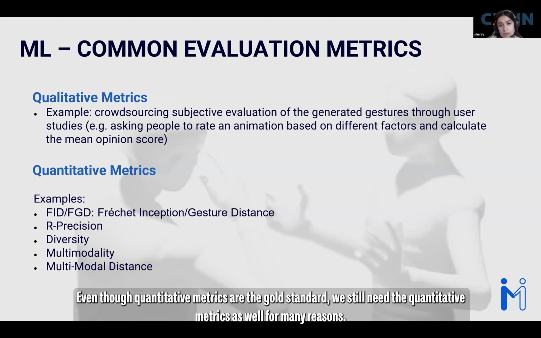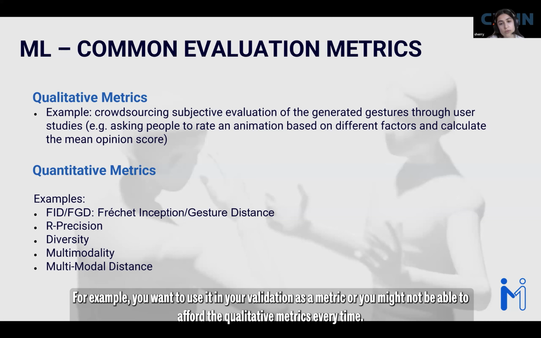Even though qualitative metrics are the gold standard, we still need quantitative metrics as well for many reasons. For example, you want to use it in your validation as a metric, or you might not be able to afford the qualitative metrics every time.